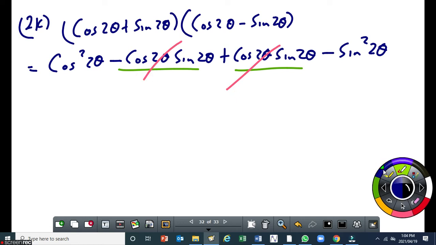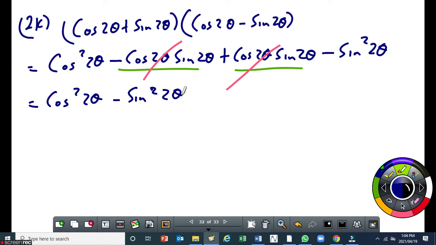Then you'll be left with cos squared 2 theta minus sine squared 2 theta, which is number 1 of the double angles for cosine, which I call the mother of the double angles for cos, because there are 3, but that's the main one.